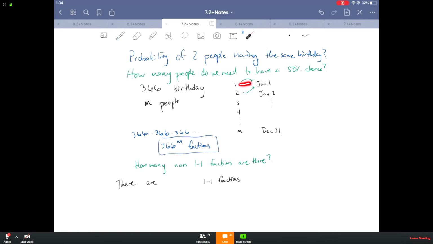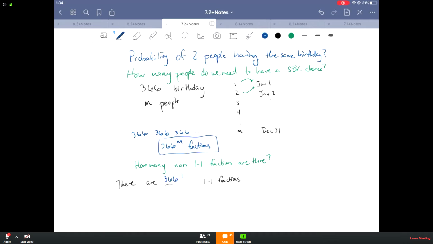Well, remember, I have 366 options. For the second one though, I used up one of the birthdays, so then I only have 365. For the third one, I used up 2 birthdays, so only 364. For the fourth, I have 363, and so on. So it's what Barry has there. You got that n factorial, in this case 366 factorial, because you start at 366.